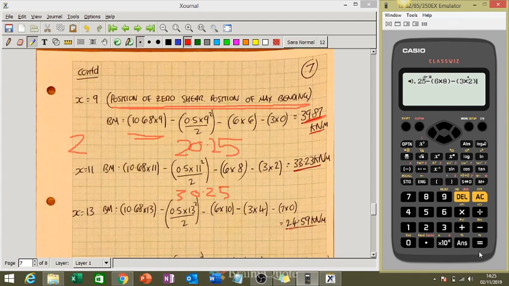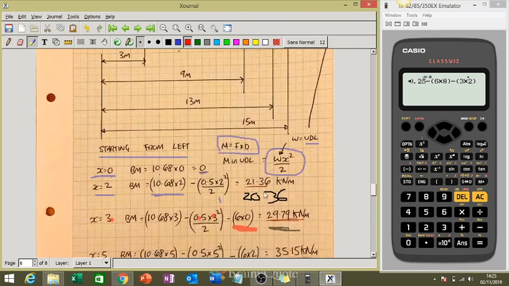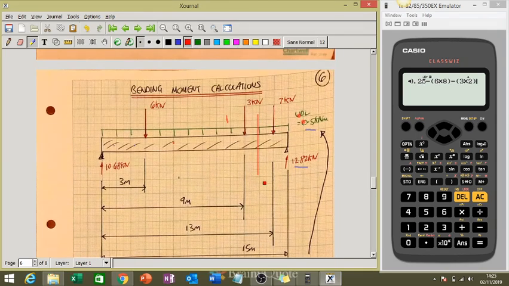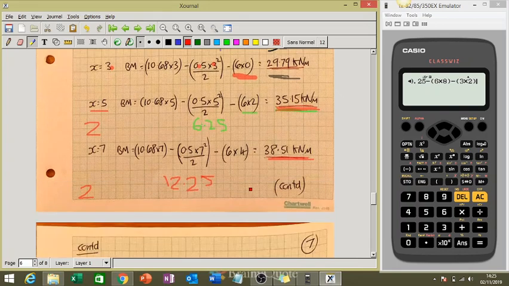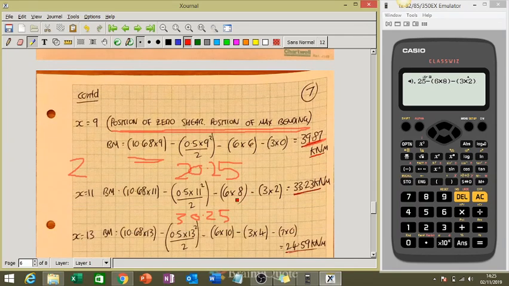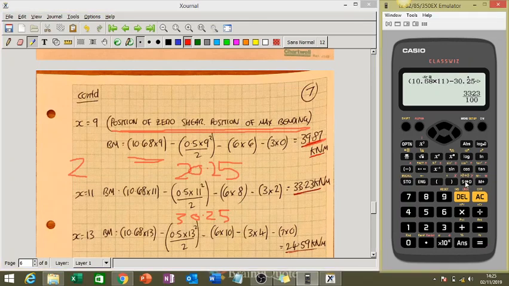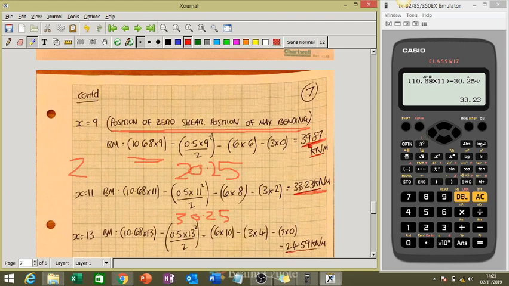Do that now if you want to. Equals 33.32. So it's coming down, because obviously the previous point is the maximum bending moment. So it's coming down now, which is good. Which means we know that's the important point. So really, once you've found that important point and you're confident and they're coming down, that's enough.